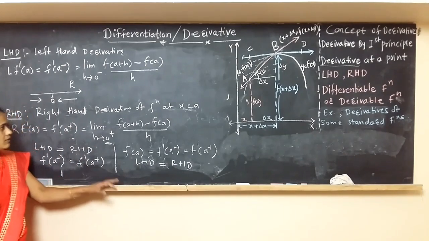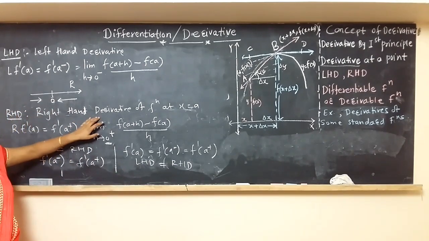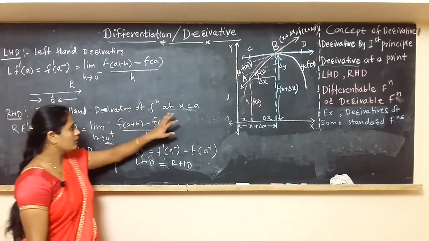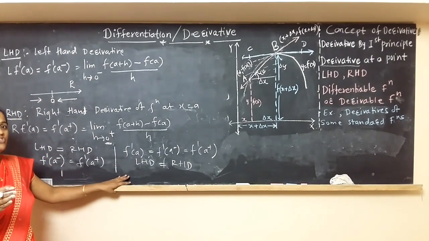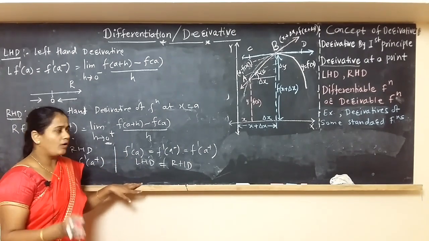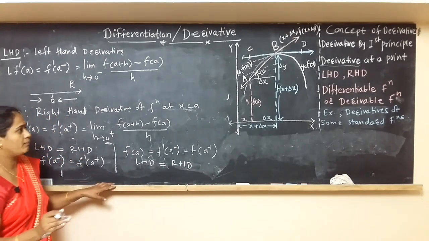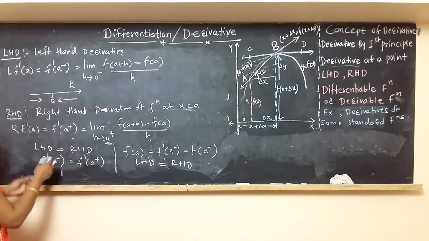So after this, again we will see differentiability in detail in the next lecture. That means how we can check whether the given function is differentiable or not, and what is the relationship between differentiability and continuity of a function.